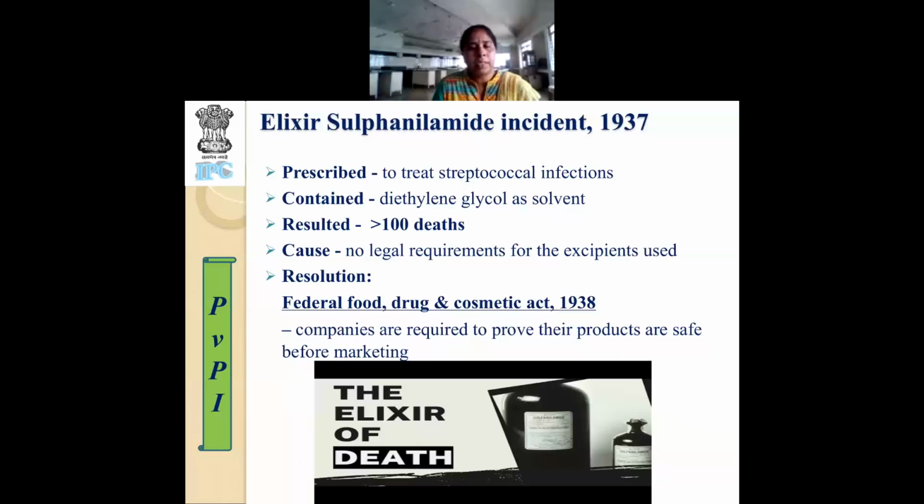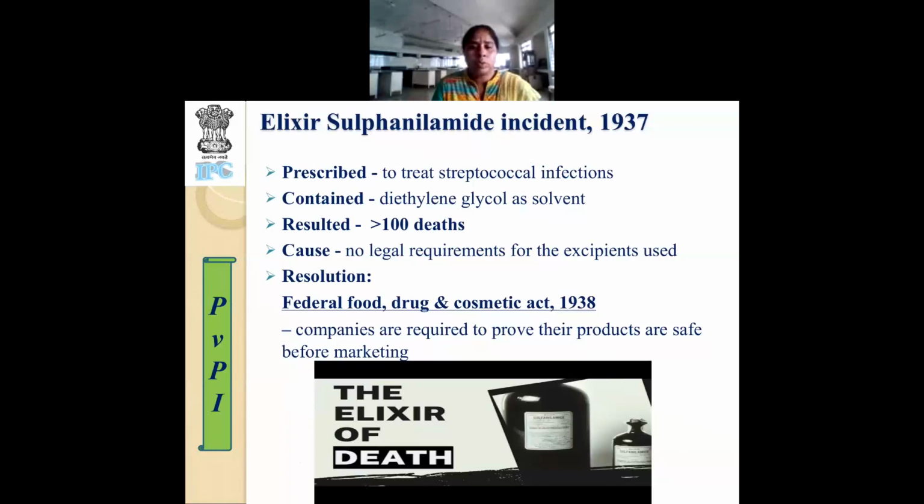In 1937, another incident happened, the elixir sulfanilamide incident. Around 105 deaths took place because of the administration of this elixir. It was later identified that sulfanilamide was not the culprit, but the solvent used for preparing the elixir, diethylene glycol.